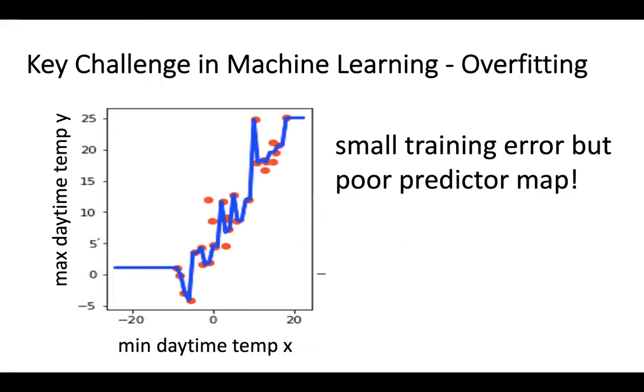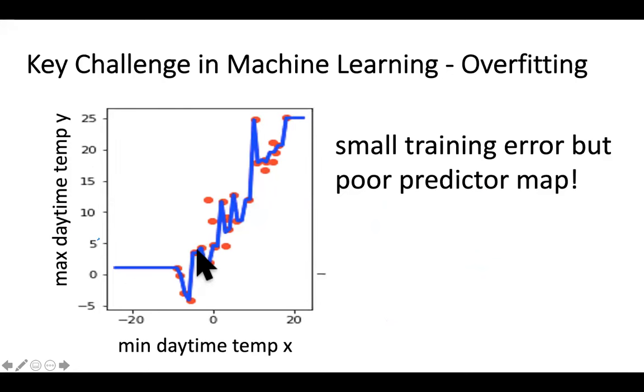However, some loss functions lead to poor predictors. This is something you have to then evaluate after you have trained the model using a fit function. For example, I have shown here one example.